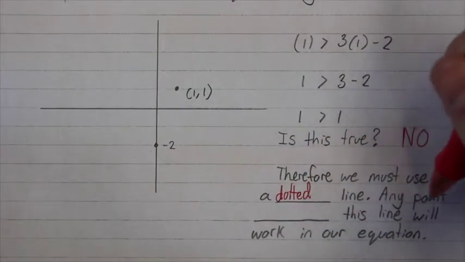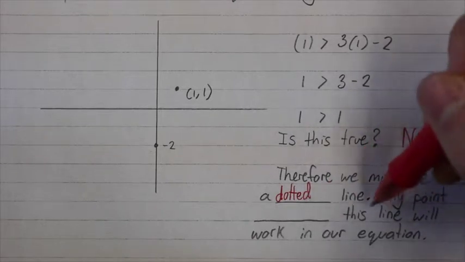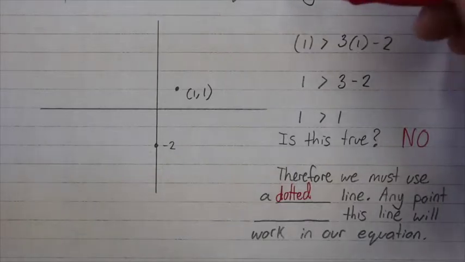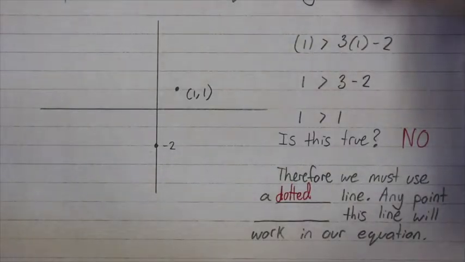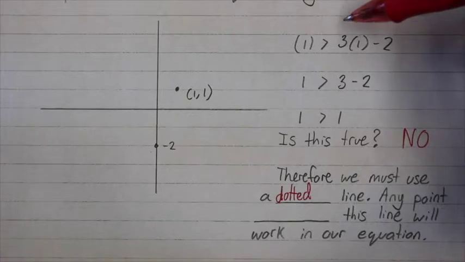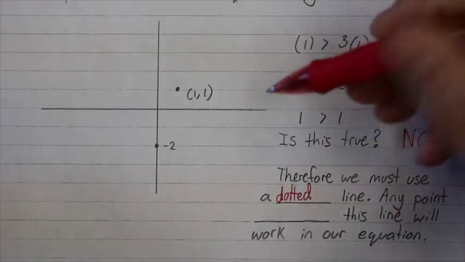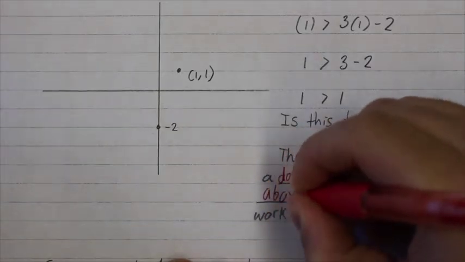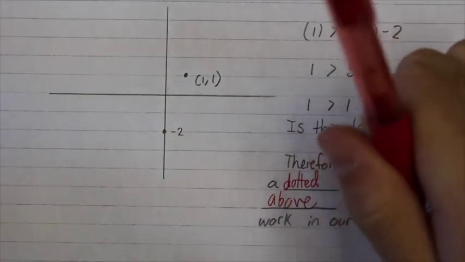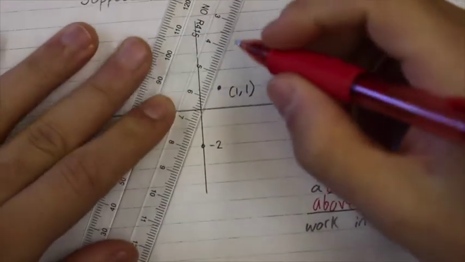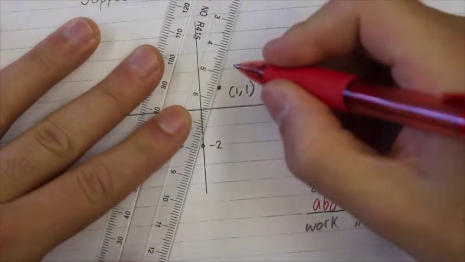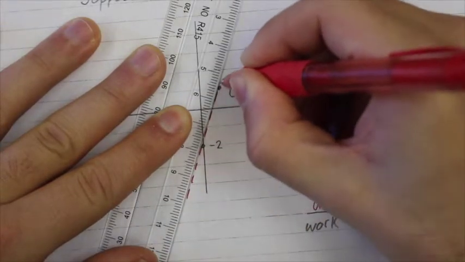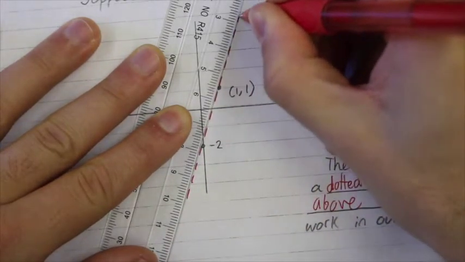Now, any point above or below this line will work in our equation. Ask yourself, will points above or below this line work in the equation? The answer is above. So, when we draw the line, we do so using a dotted line, because any point on this line does not satisfy the inequality.